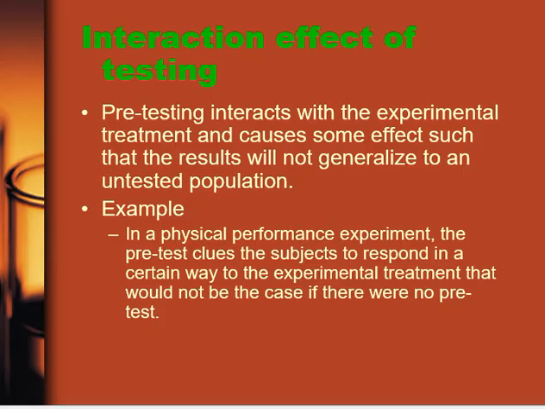So this can then impact our external validity because maybe in the real world, we're not going to do a pretest. So if a pretest is having that big of an influence on the outcome variable, then it's going to be reducing the ecological validity, or the external validity of our study.